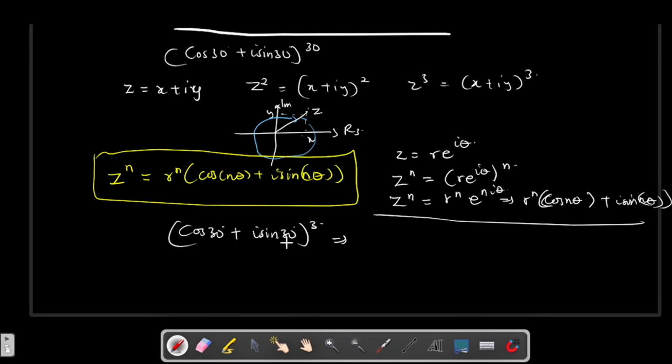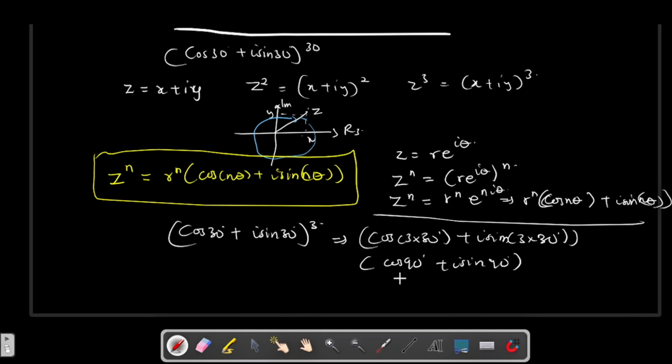I'm supposed to multiply this expression 3 times, but the Moivre's theorem will tell us that this is simply equal to cosine of 3 times 30 degrees plus i sine 3 times 30 degrees. This becomes cos 90 plus i sin 90. What's cos 90? 0. And sin 90 is 1. So it becomes i. Therefore, the answer of this is i. See how we've been able to solve this simply using the Moivre's theorem.